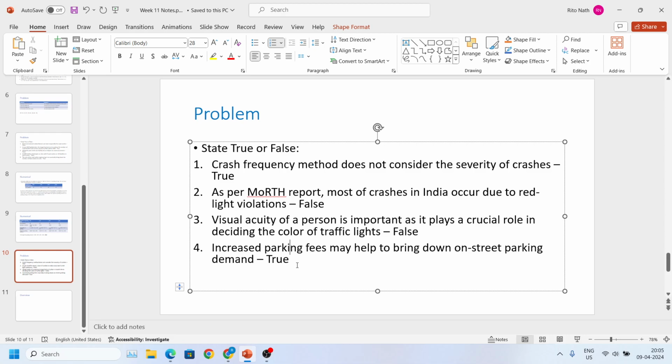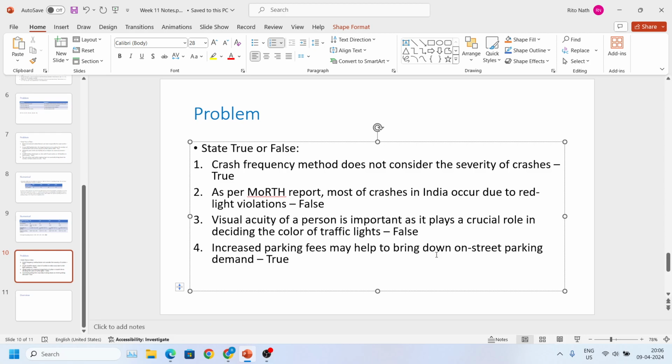No, no. Increasing parking fees. This was again discussed in the lecture. There are two different things: one is on-street parking and the other is off-street parking. People who want to park for a longer duration should move to off-street parking.